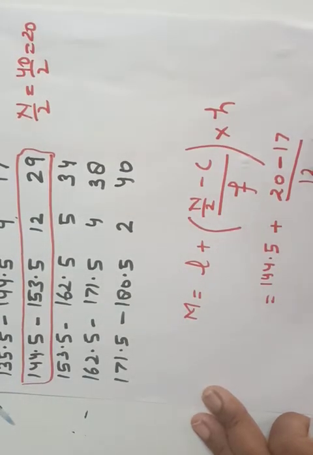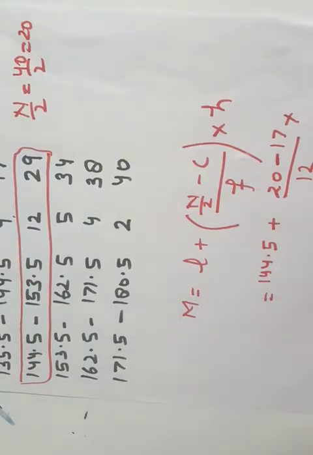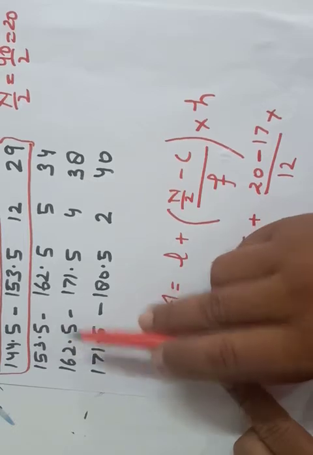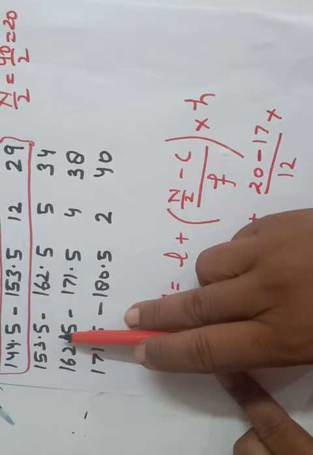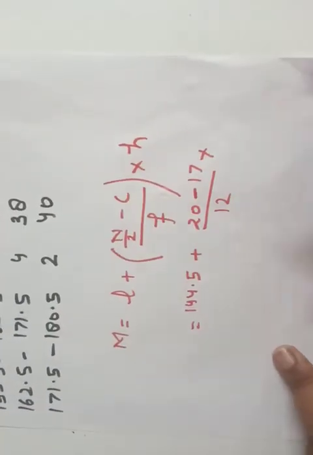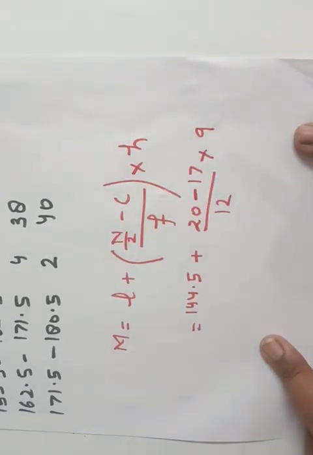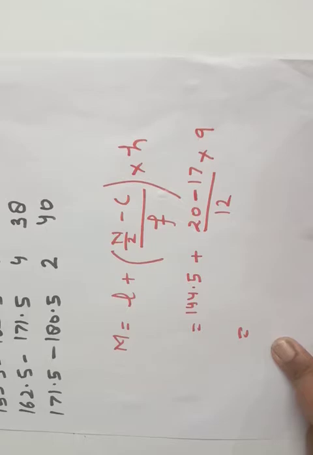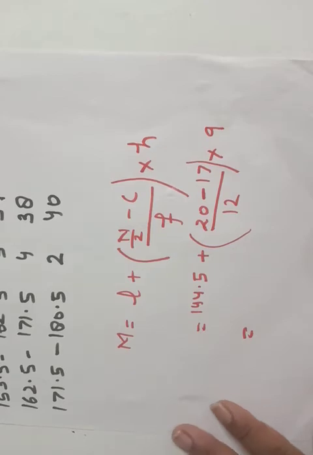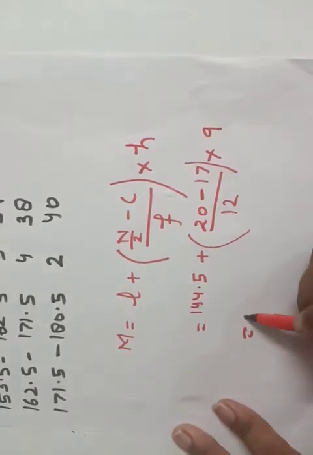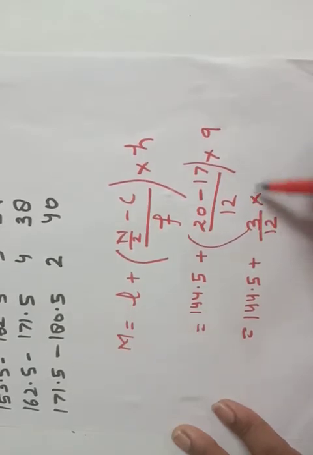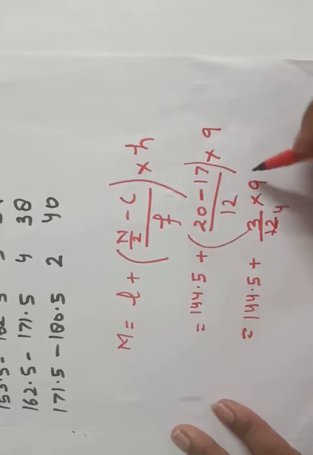So that is 12, and h. We will find h, that is upper limit minus lower limit, equal to 162.5 minus 153.5, which remains the same for all the class intervals, that is 9. So we have the value of h, that is 9. Yes, we need to calculate this completely and be precise in our calculation. So let's calculate: 144.5 plus 20 minus 17, that is 3, upon 12 into 9, and that is 3 fours and 3 threes.